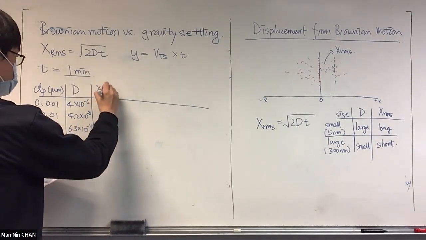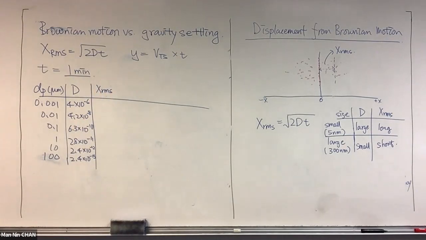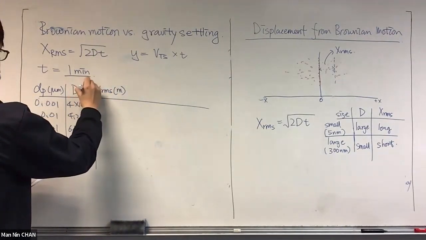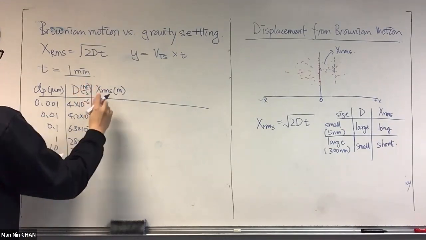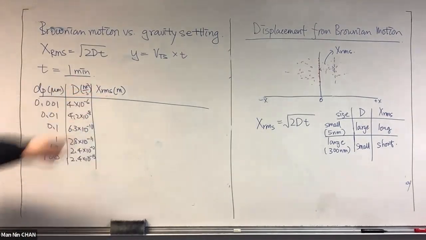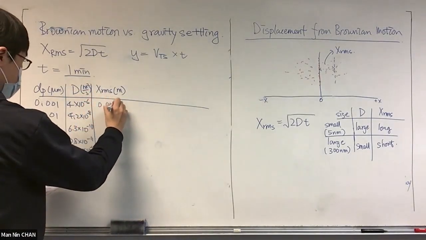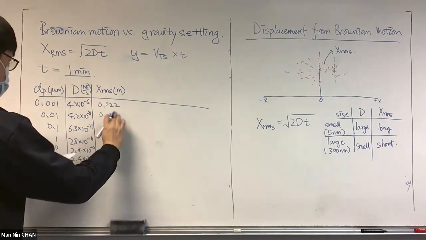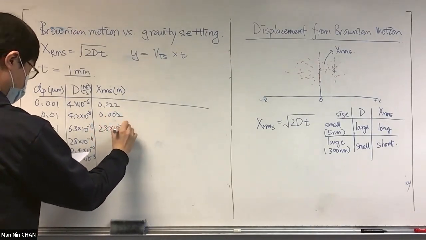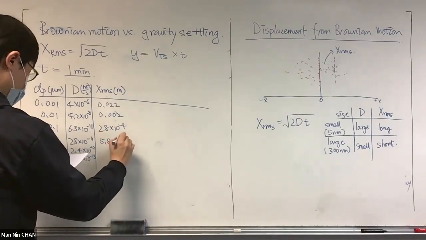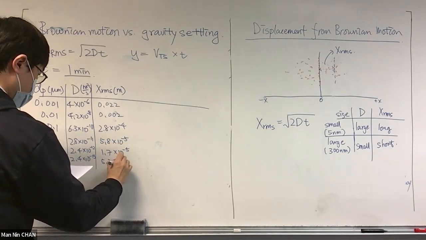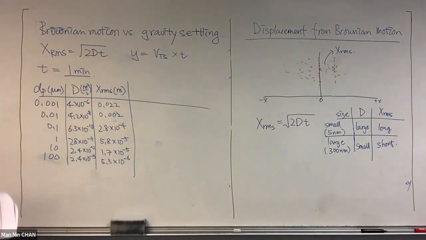If I look at the displacement due to the Brownian motion in 1 minute, this is the root mean square displacement from the Brownian motion, expressed in meters.